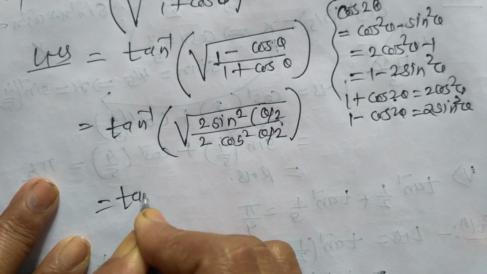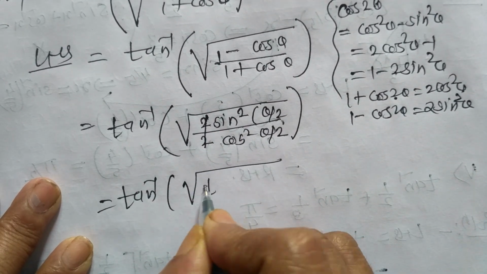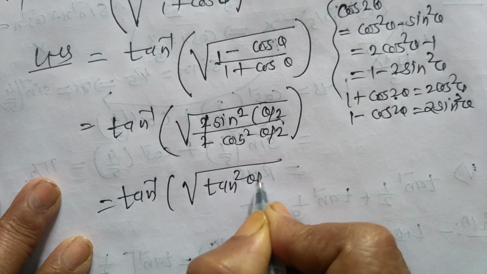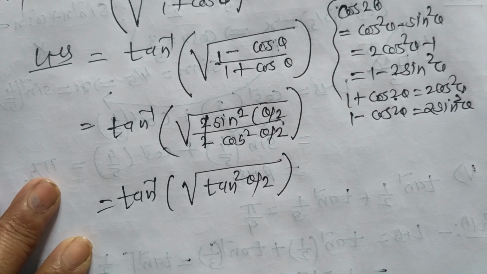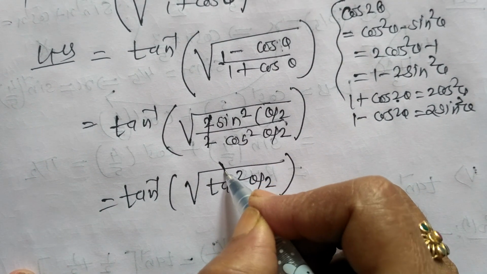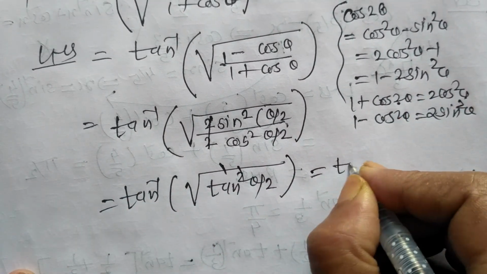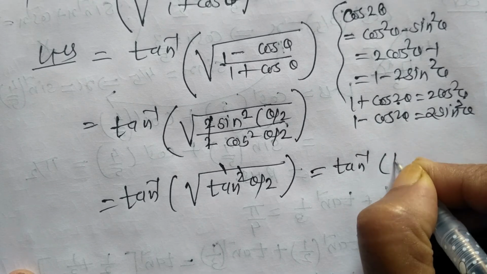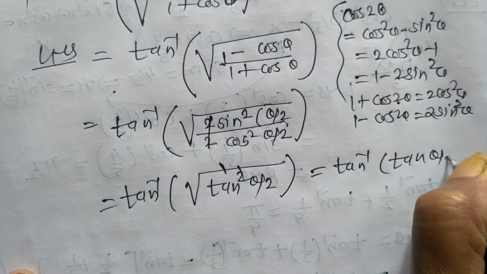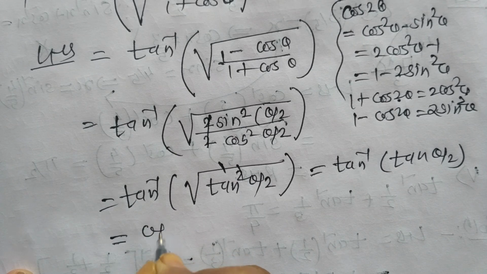Now the under root sign gives a ratio, these two cancel. Under root of sin square theta by 2 upon cos square theta by 2 is the value for tan square theta by 2. Here square and square root can be cancelled out. This is tan inverse of tan theta by 2. Again by properties of inverse trigonometric function for the ratio tan, we get that value.